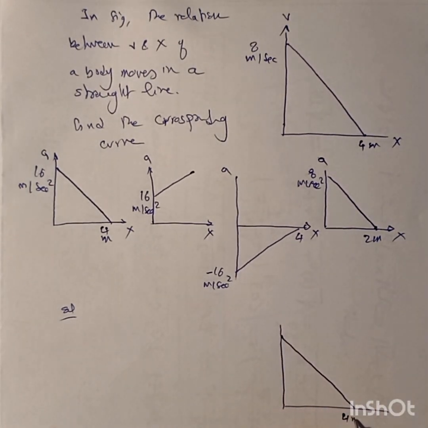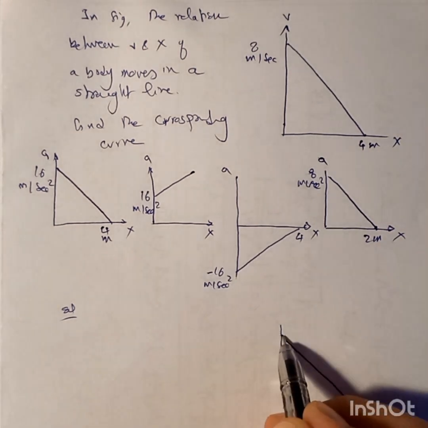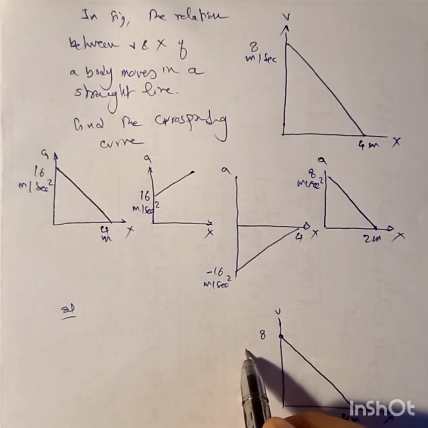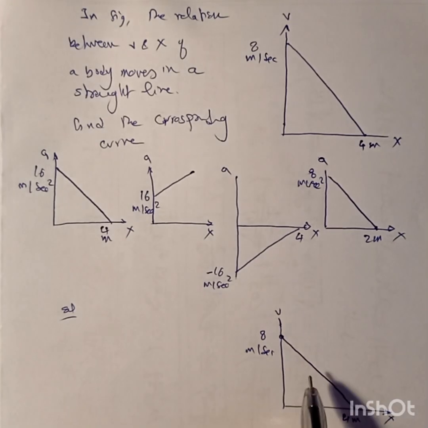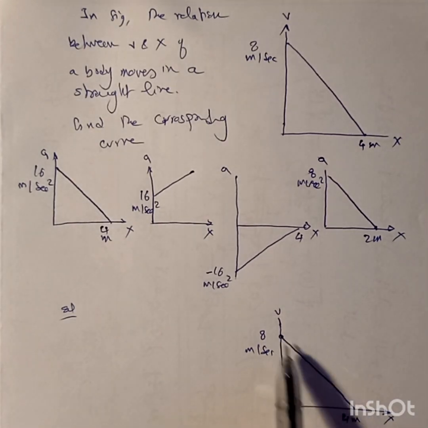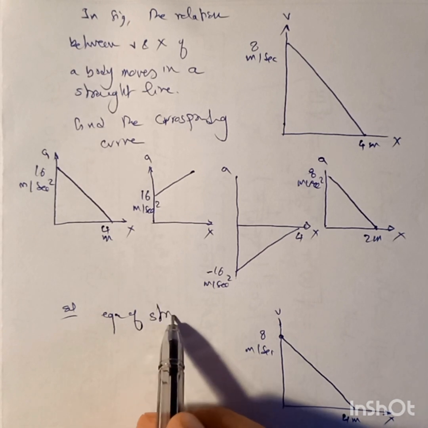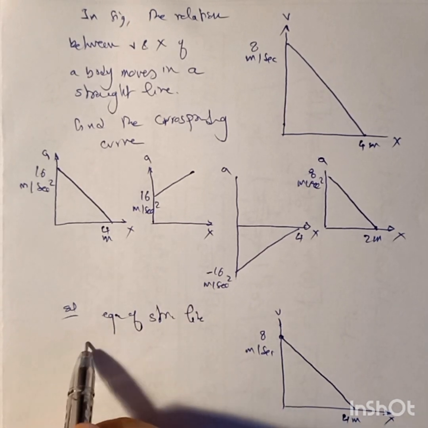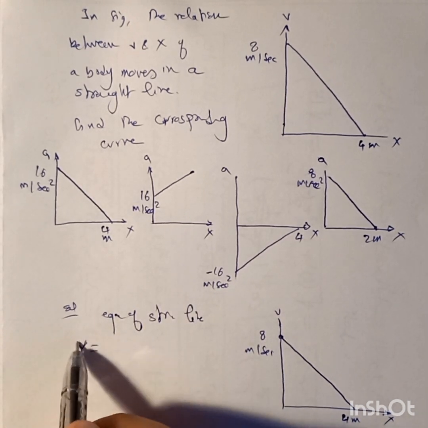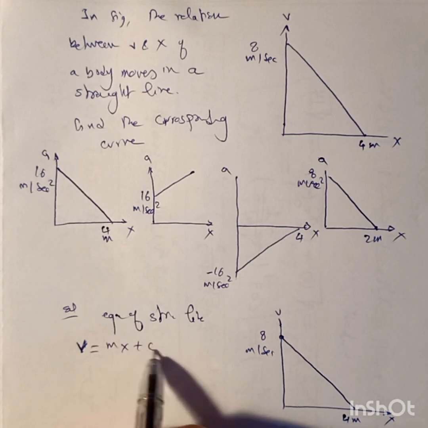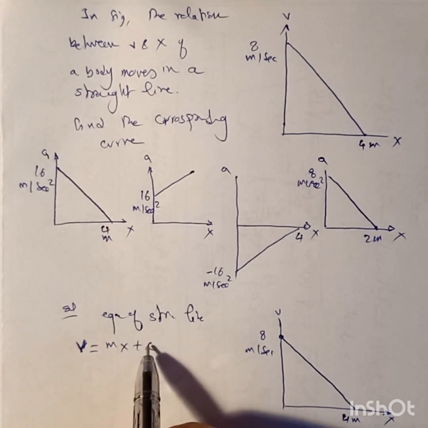Here we have 4 meters for x and velocity 8 meters per second. First we need to find the equation of this straight line, v equals mx plus c.